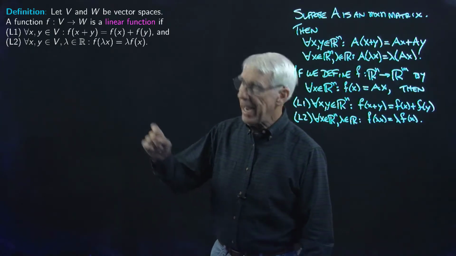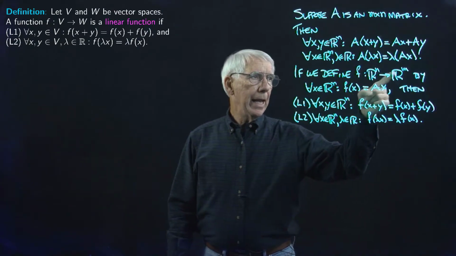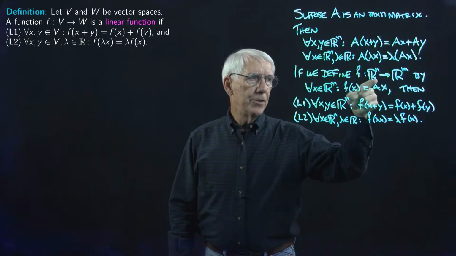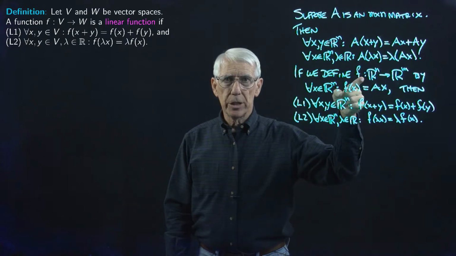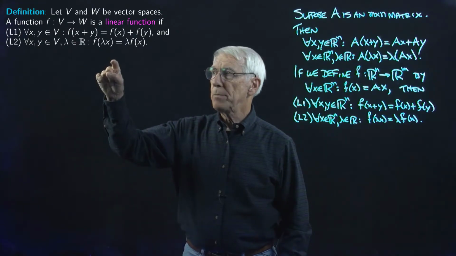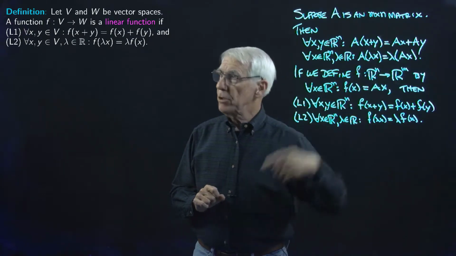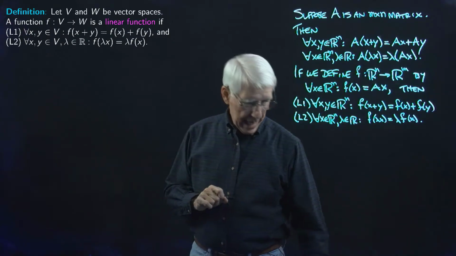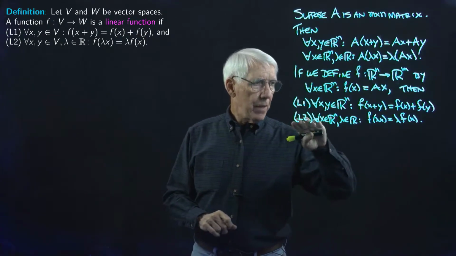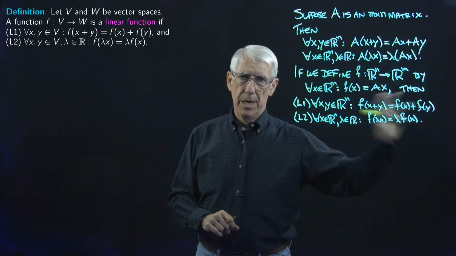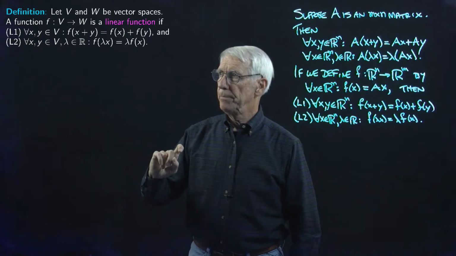So now I have a definition in which Rn and Rm, the domain and the target space of a typical function, have been replaced by an arbitrary vector space V and an arbitrary vector space W. And now we say that a function that does this is to be called a linear function.